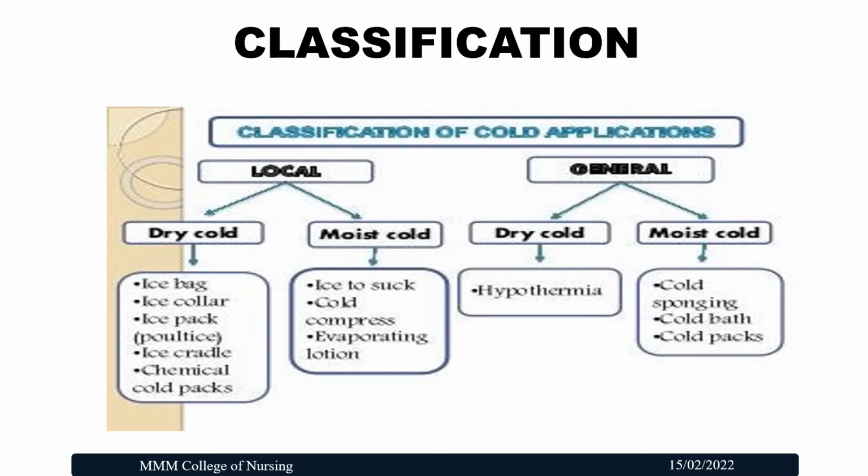Local application in dry cold is ice bag, ice collar, ice pack, chemical cold pack, and ice cradle. In moist cold, applications are ice to suck, cold compress, and evaporating lotion. In general cold application, moist cold is cold sponging, cold bath, cold pack, and dry cold is hypothermia.